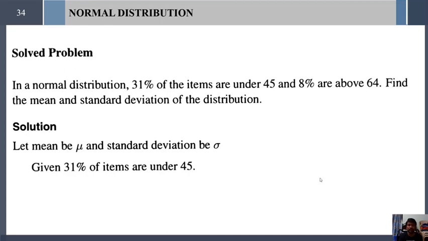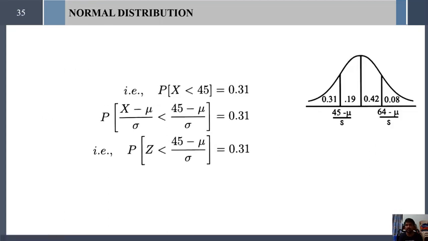Given 31% of the items are under 45. So this is the diagrammatic representation. 31% are under 45, and the remaining portion is 0.19.